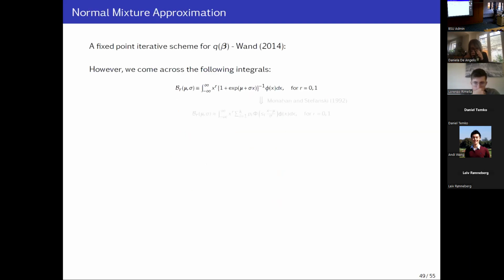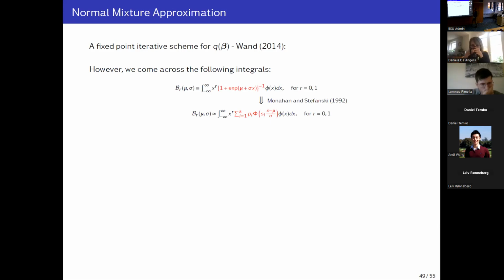Now, the B functionals have this form here. It turns out that you can replace the highlighted red component here by a linear combination of scaled Gaussian cumulative distribution functions. So phi represents the standard Gaussian CDF.